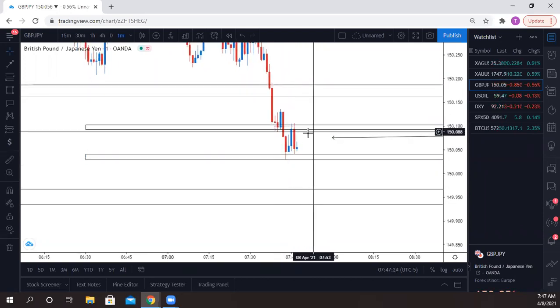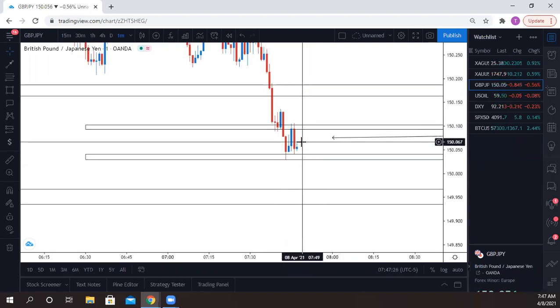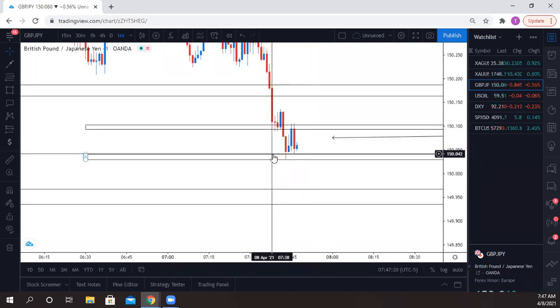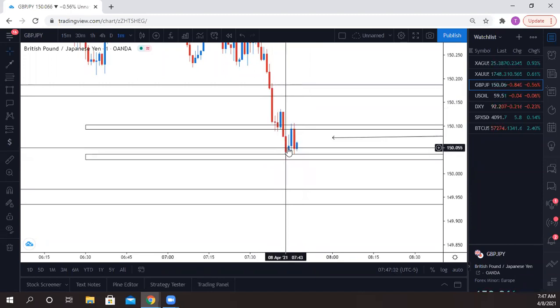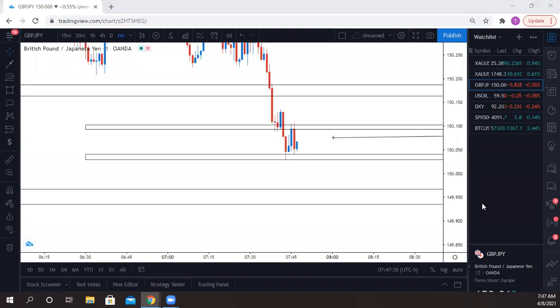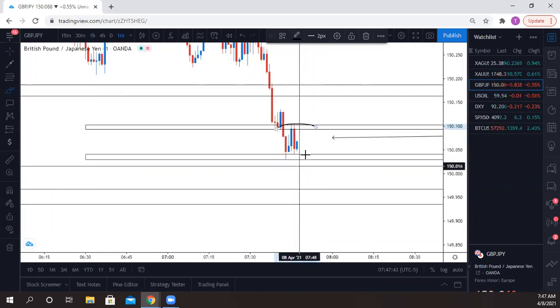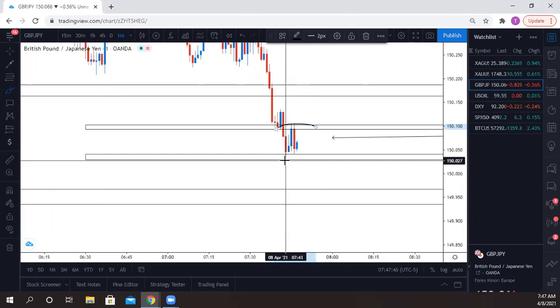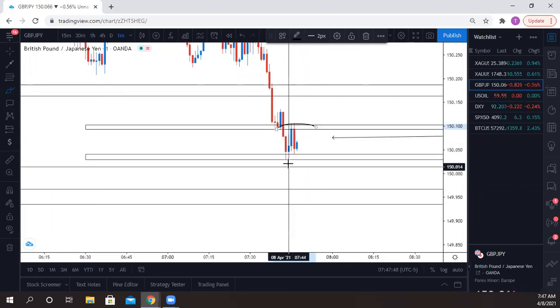I don't enter on retracements at all because I never know when the market's going to stop retracing. That's the thing. I can anticipate areas or whatever, but I never know. No one knows. But I do know that if this thing were to hold this resistance, and let's say the next candle or two were to break this low, that would be my high, and that break of this low would be my entry again.